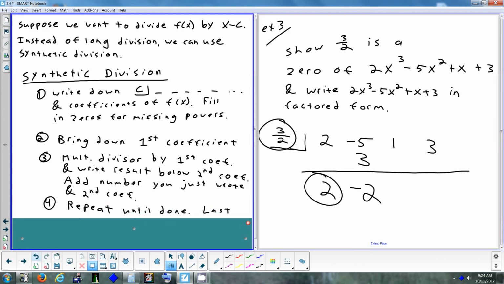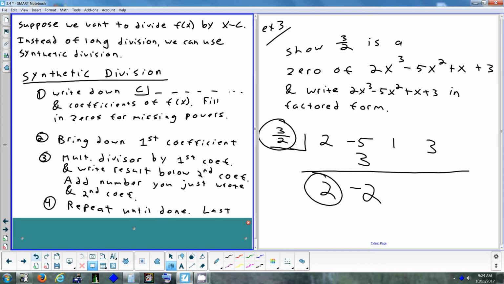And now repeat until we're done. I'll explain in a second how you interpret what the result means, but let's just go through the process until we're done. What's 3/2 times -2? -3.